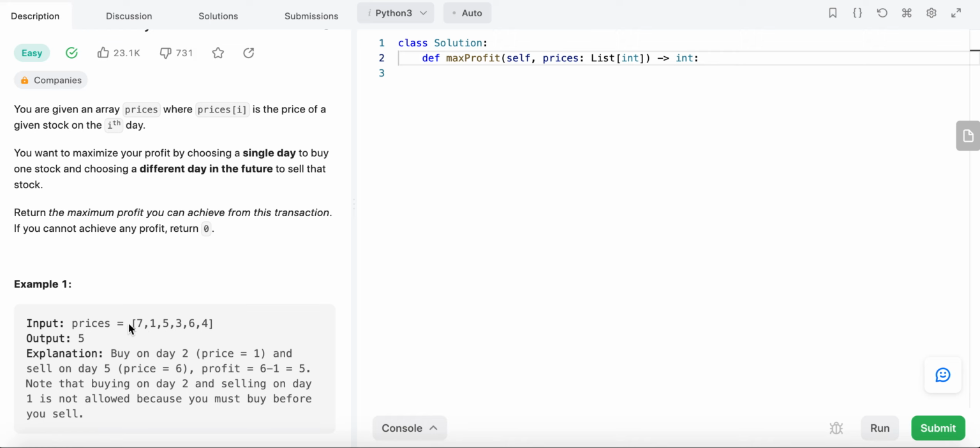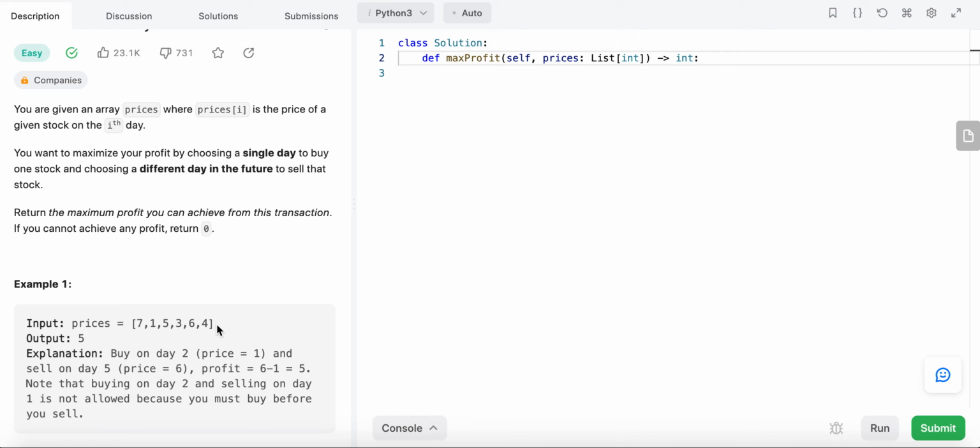If for each day we can find the maximum profit up until that day, and we use a variable called maximum profit to store all the maximum profit we have found so far, then after looping through and checking every element in this prices array, in the end we will have a global maximum profit.